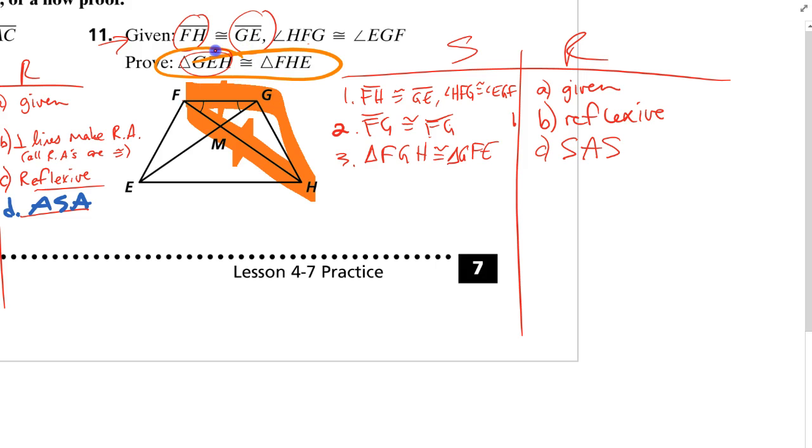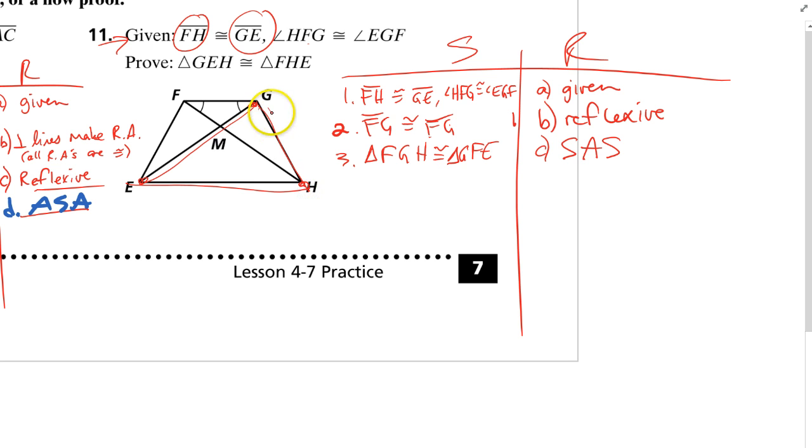They wanted GEH congruent to FHE. Well, guess what? The parts that make up those two triangles, G to E to H, that needs this side, GH. And look, I already know something about GH. GH should match up with FE.